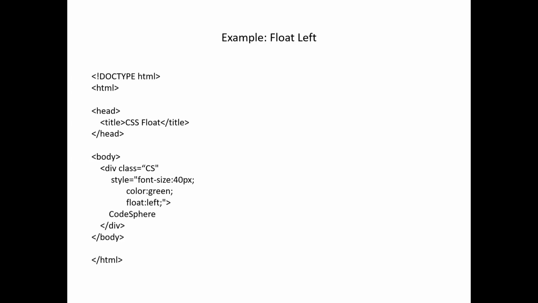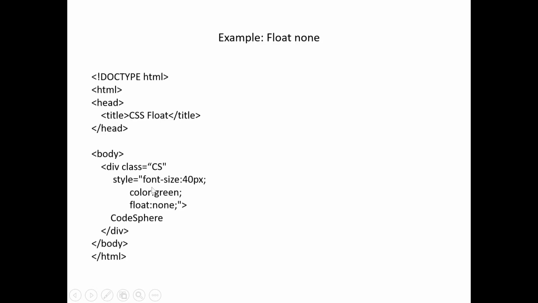Why? Because float is left. Then the next one is float right. When float is right, this text will be displayed on the right side. When float is none, it gives the default value, which is the left side only.